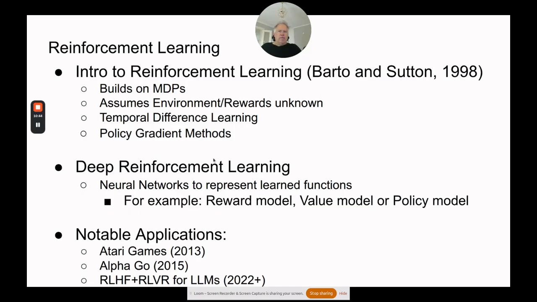So it builds on MDPs, but then it assumes that the environment and the rewards are unknown. There are some different techniques that have been developed that allow you to do this. This is still in the classic realm, where you're explicitly representing the states. There are some classical approaches to that, but what we want to look at is deep reinforcement learning.